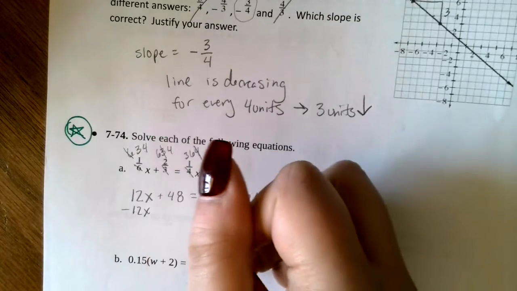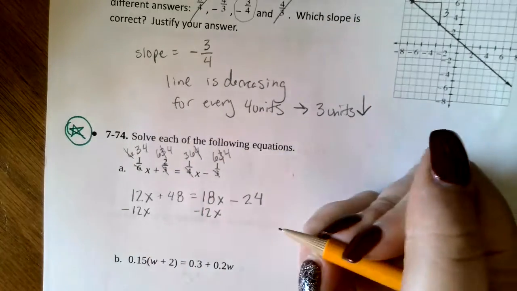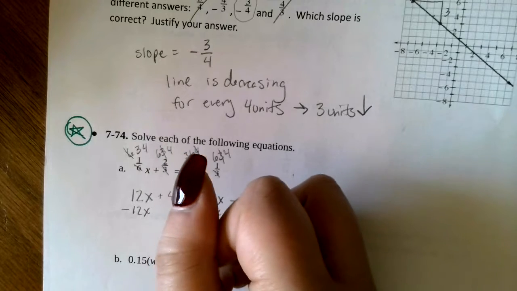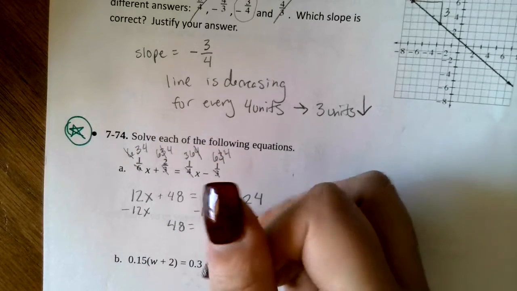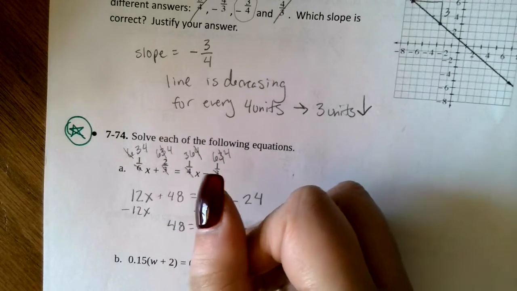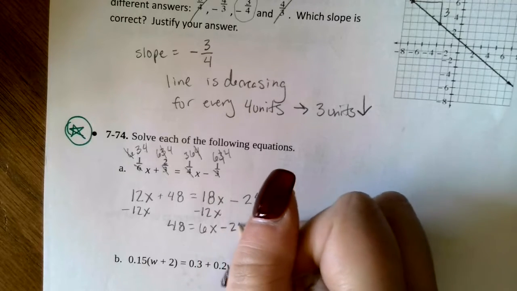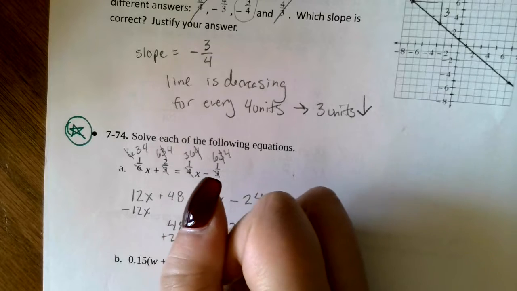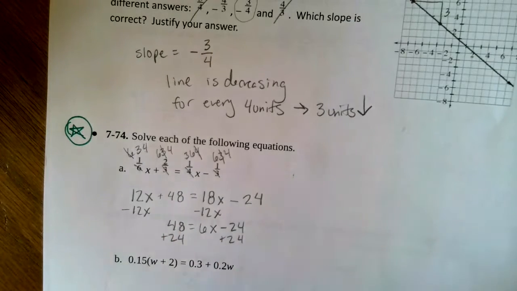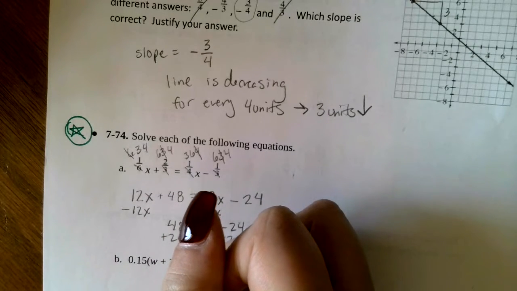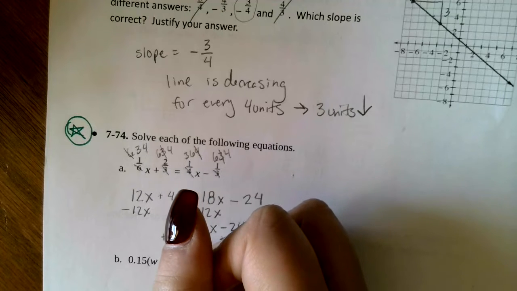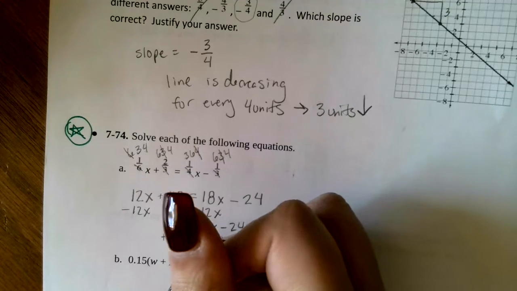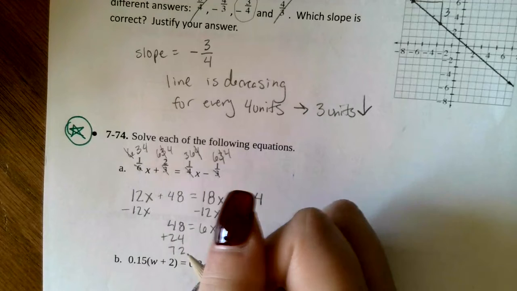So I'm going to start by moving these 12 over to this side by subtracting. Which leaves me with just 48 on that side. When we subtract here, we should get 6x minus 24. I'm going to move the 24 over before I do anything with those x's. So then when we put these together, let's see, I'm getting 72.